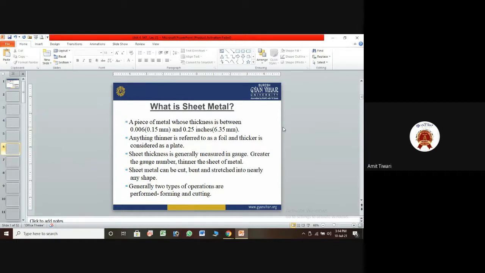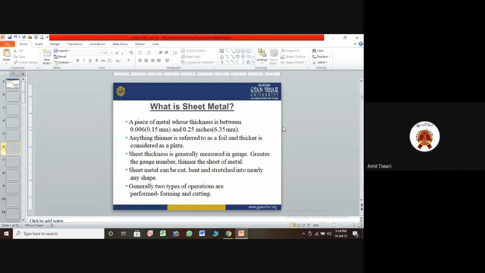Sheet metal can be cut, bent, or stretched into nearly any shape. Generally, two types of operations are performed for sheet metal processes: forming and cutting. As we know, the sheet thickness is generally measured in gauge, and the greater the gauge number, the thinner the sheet of metal.